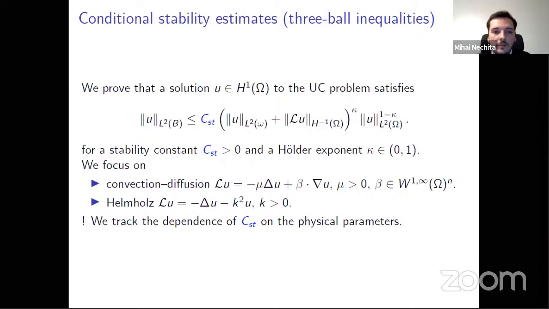So we will focus on the convection-diffusion operator, minus mu Laplace u plus beta dot gradient u, and on the Helmholtz equation with a positive wave number. The idea being to see how the stability constant depends on the Peclet number for the convection diffusion and on the wave number for the Helmholtz equation.